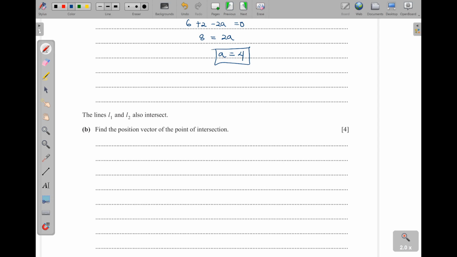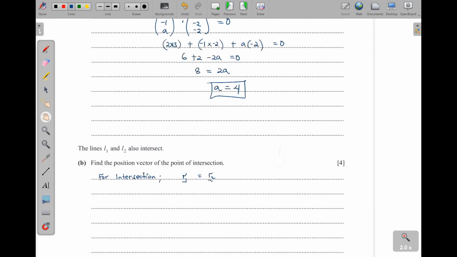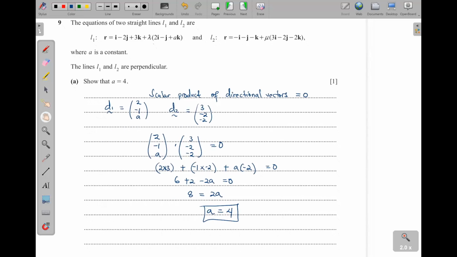Then next, they are saying that the lines L1 and L2 intersect. Find the position vector of the point of intersection. So I'm going to express all of these in what we call the parametric equation. So for intersection, our R1 must be equal to R2. Now, let's go back up here. We are given this one as our R1 and this one as our R2. So I will have the x coordinate here parametrically.